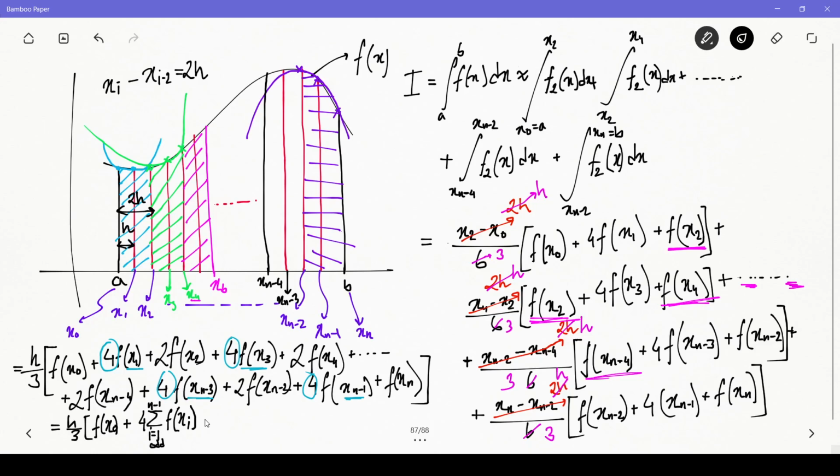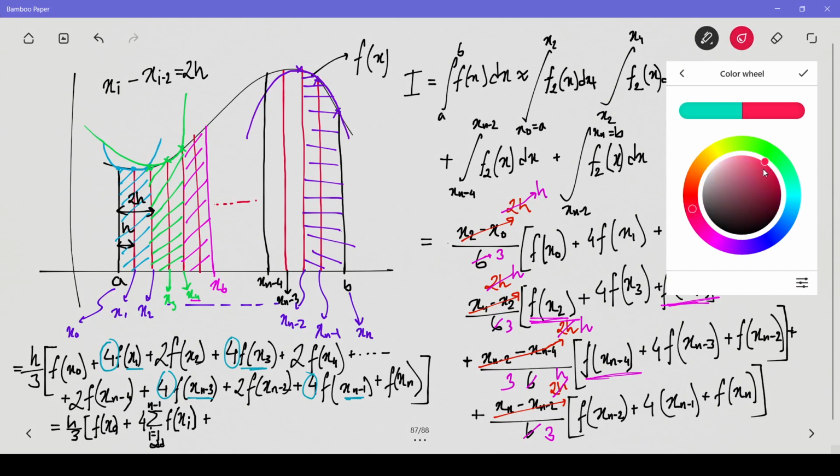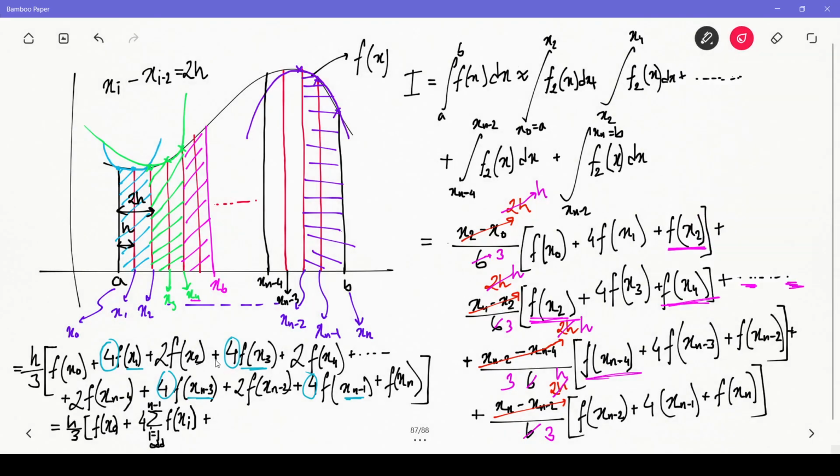Okay, fine. So let's try to capture other obvious patterns that are present in this expression over here. Notice that with the functional values of the x values with even indices, for example, in the case of x sub 2, x sub 4, x sub n minus 4, x sub n minus 2, we have 2 multiplied, right?